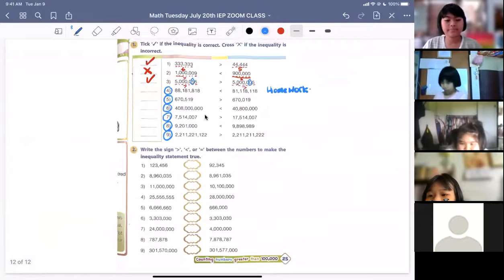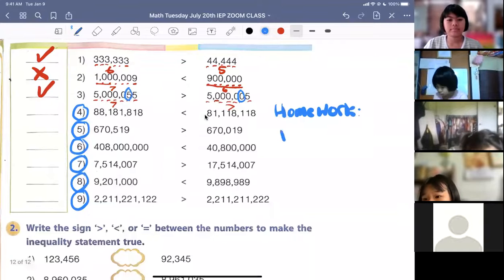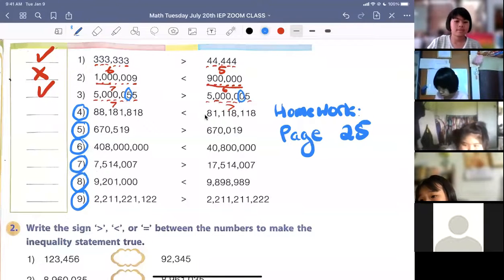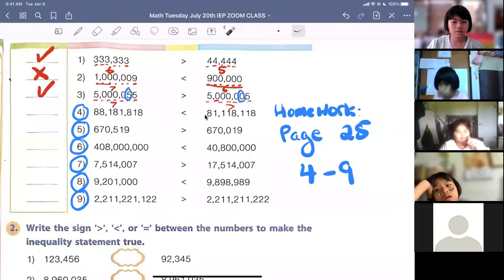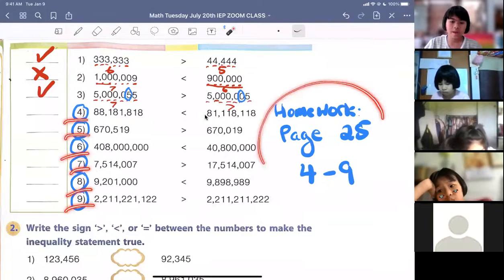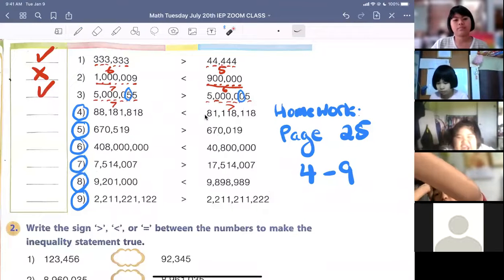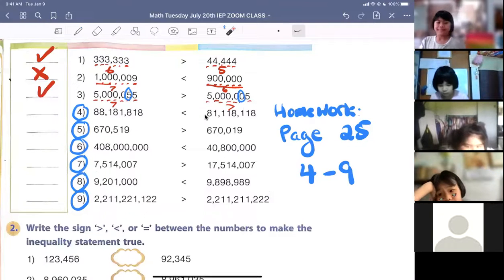Page 25, numbers 4, 5, 6, 7, 8, 9. Okay. Easy.